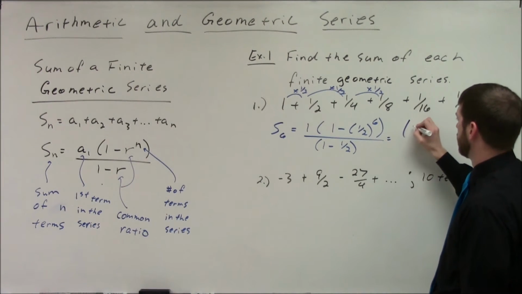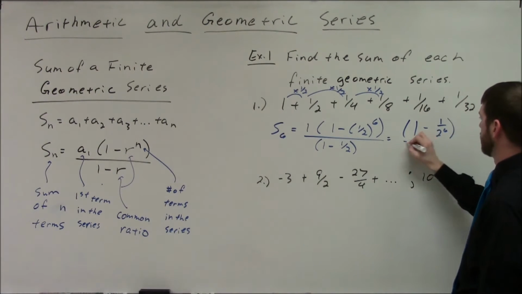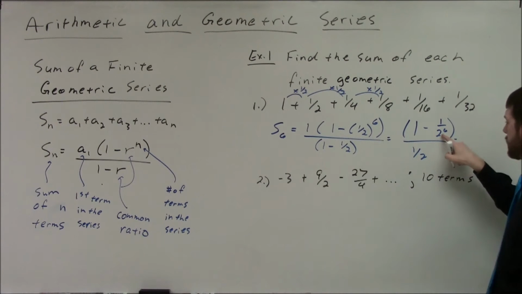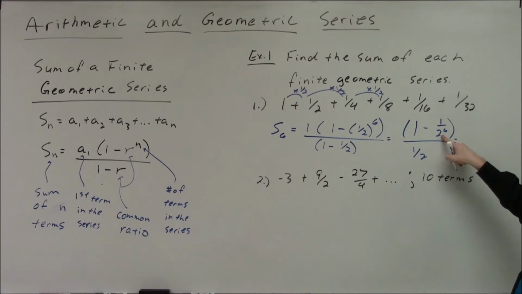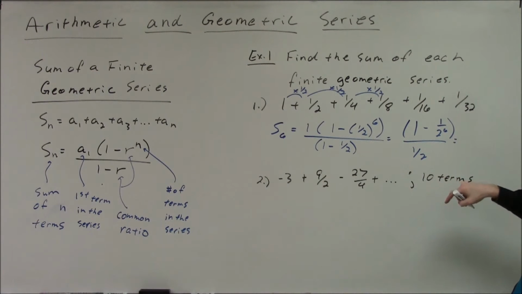So we get 1 minus 1 over 2 to the 6th over a half. So 2 to the 6th is 64. So 64 over 64 minus 1 over 64 is going to give me 63 over 64 over a half. So what's that, 63 over 32? When you do all the arithmetic on that, multiply by reciprocals and all that good stuff.